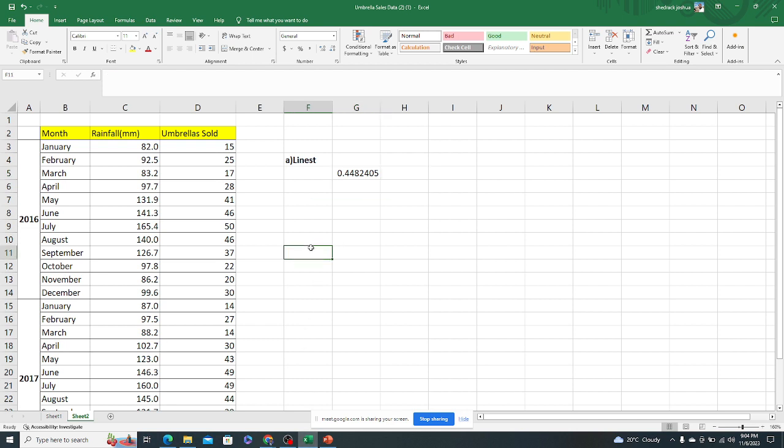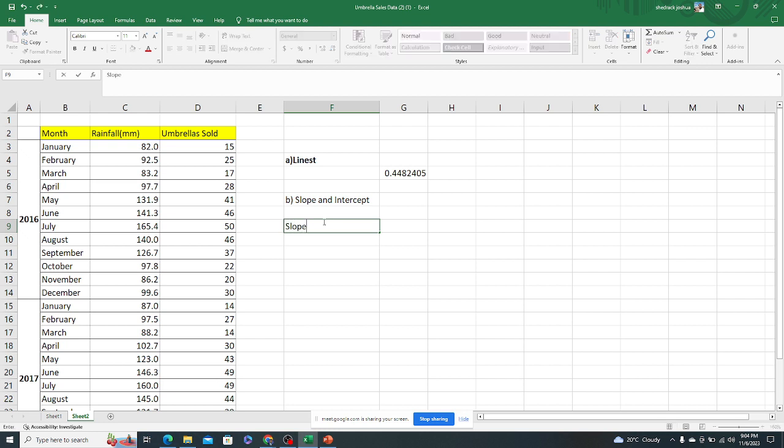Okay, good. Now let's continue to the second Excel function, that is B. The second function will be computing slope and intercept. For these two, you are going to use two separate functions, one for slope and one for the intercept.